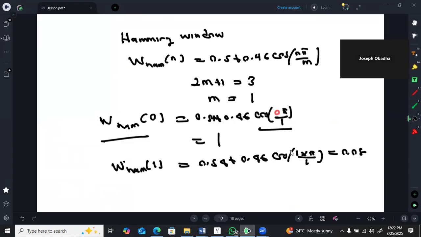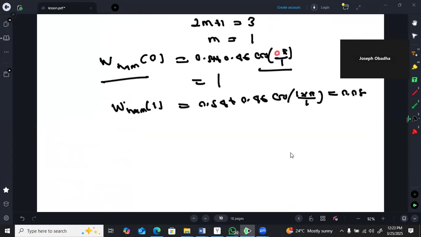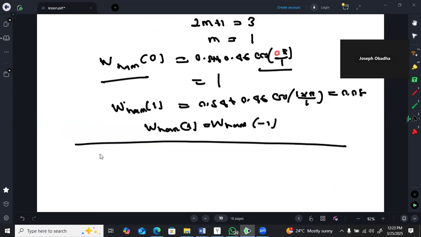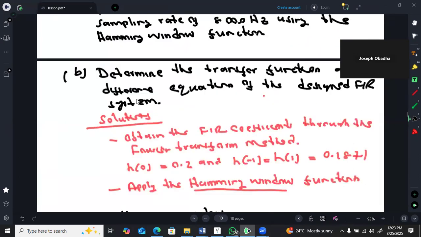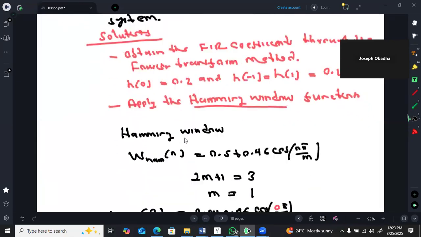Of course, we'll also have W Ham 1 equal to W Ham minus 1. So we need now to apply the window functions by multiplying the corresponding coefficients in the window function to the corresponding coefficients in the Fourier transform method.